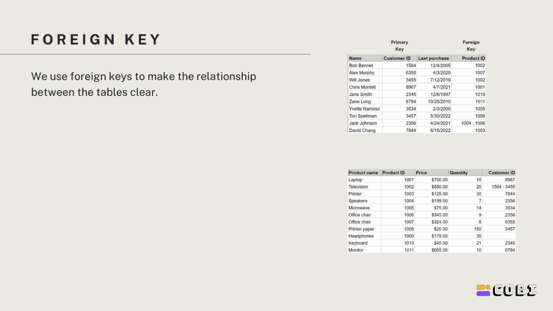In the bottom product table, you have your primary key, which is your product ID. But you also have a foreign key, which is the customer ID for customers which have purchased products. And so you can see how each table has a primary key and a foreign key. And these foreign keys link the two tables together.